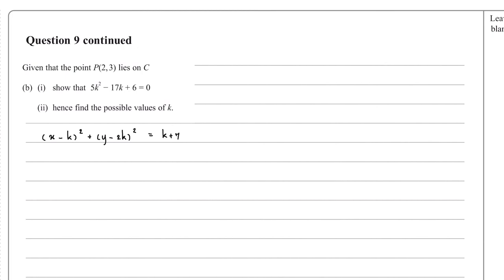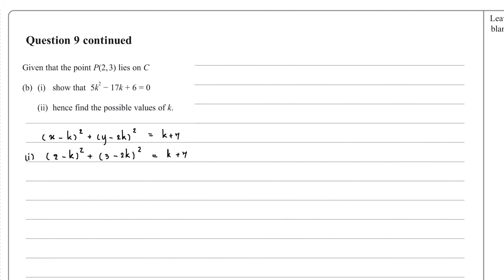Here is part B. Given that the point P, which has the coordinates of (2, 3), lies on C, we have to show that 5k squared minus 17k plus 6 equals 0. Here is the circle equation. So in order to show this part, we just have to substitute point P into this equation. So this is (2 minus k) squared plus (3 minus 2k) squared equals k plus 7.